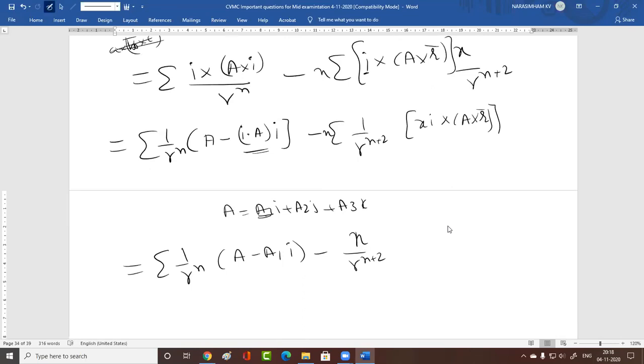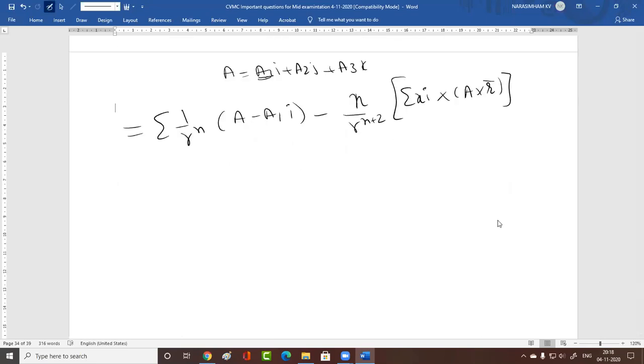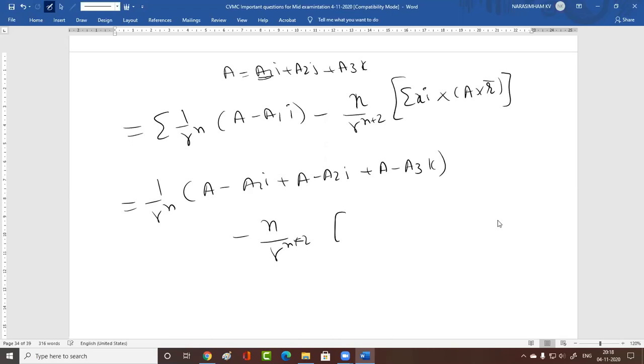So if you write sigma here, what happens? Sigma xi cross A cross r bar, because the remaining terms are constant, so there is no need to write the term. Now expand the summation. Here 1 by r power n into the first term is a minus a1i. The second term is a minus a2j. The third term is a minus a3k. Here n by r power n plus 2 into r bar cross a bar cross r bar.